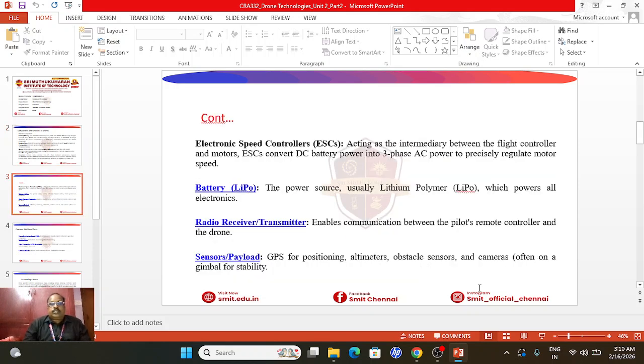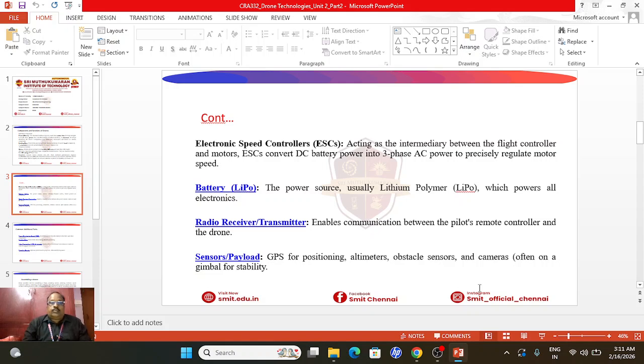And the electronic speed controller is also a component, acting as the intermediary between the flight controller and motors. The electronic speed controller converts DC battery power into three-phase AC power to precisely regulate motor speed.